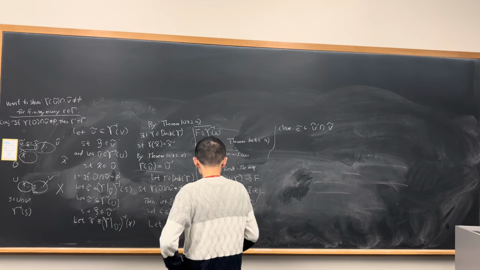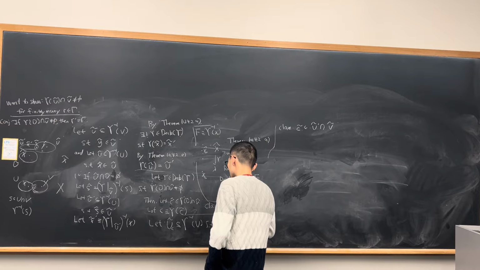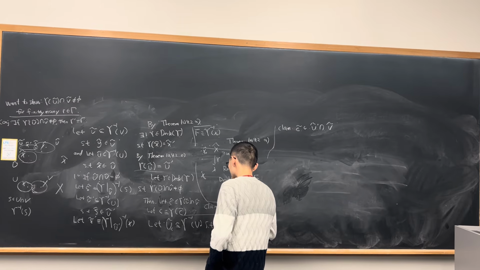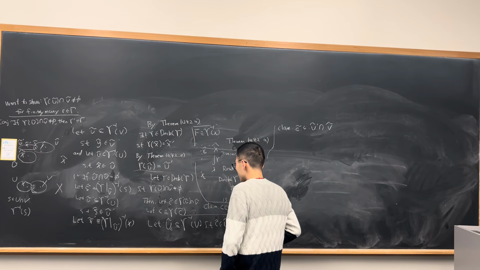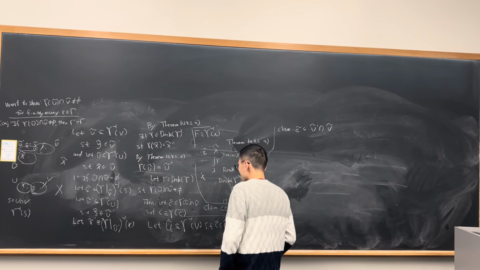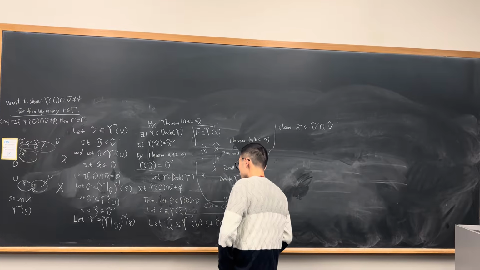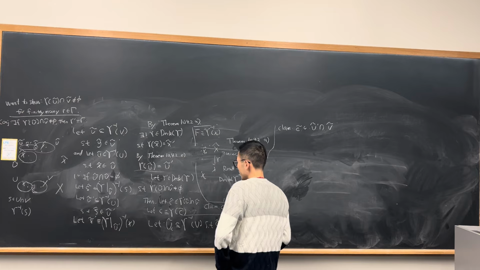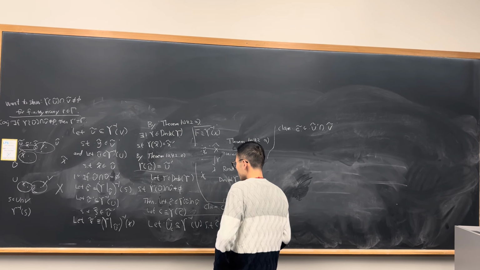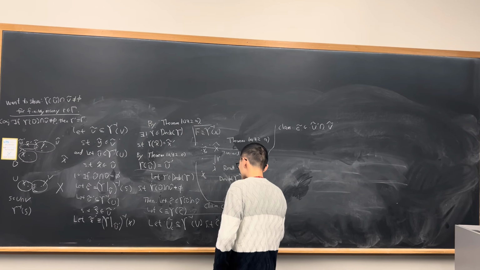I think it's so because it lies in V, because you do the projection, then it's on V, right? And then it lies on U because it belongs to the gamma prime of U tilde, because this gamma prime is a deck transformation, right?